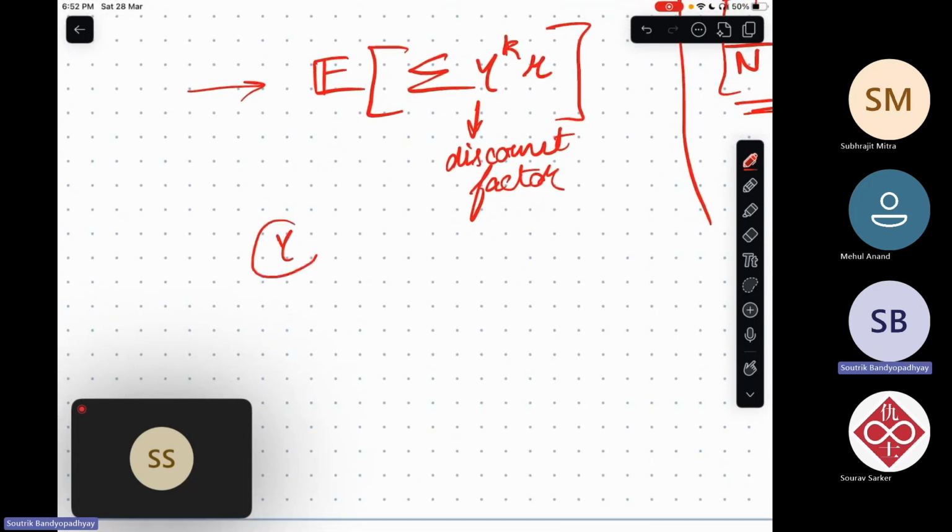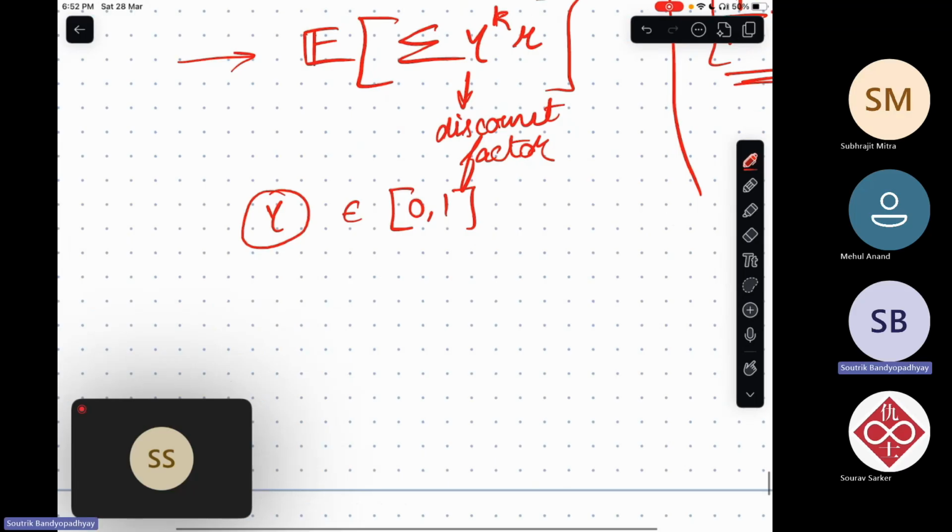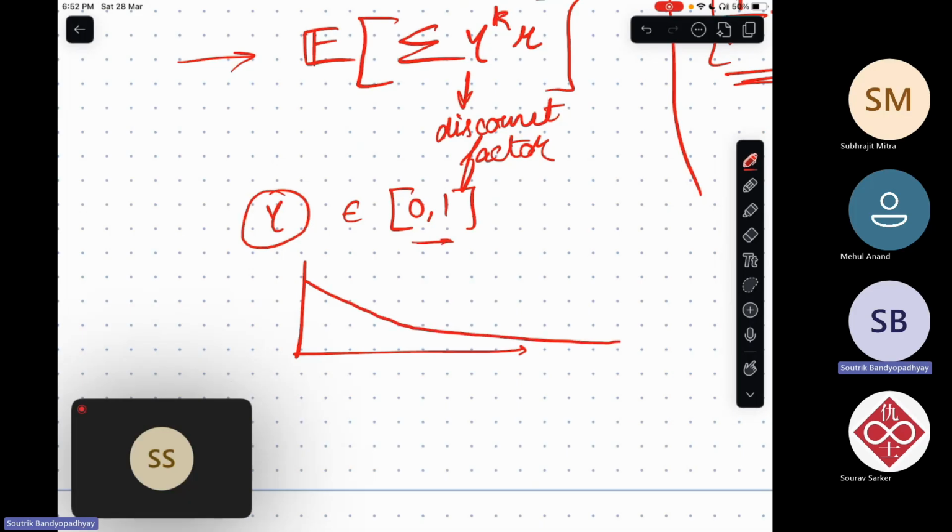What is this gamma? This gamma belongs to 0 to 1. As I increase the value of gamma, you would observe that this exponentially decaying phenomenon becomes more and more flat, and as it approaches one, it becomes closer and closer to a horizontal line.